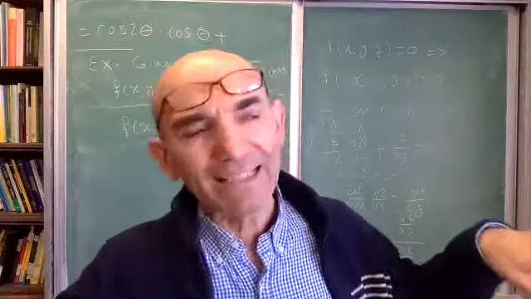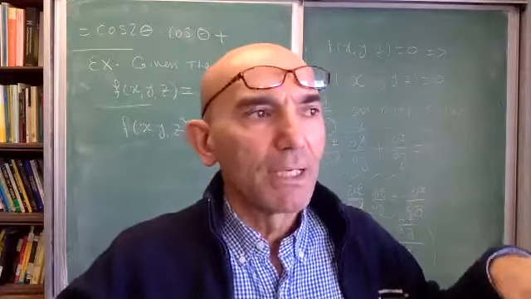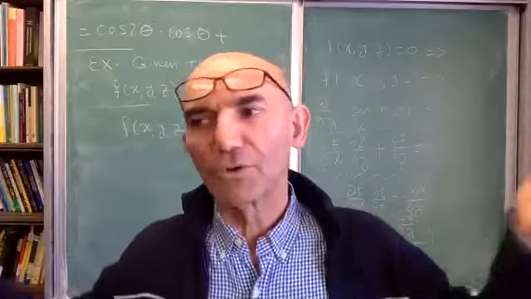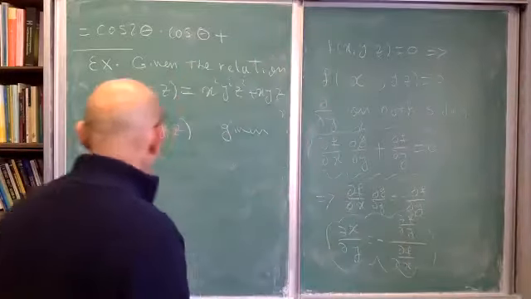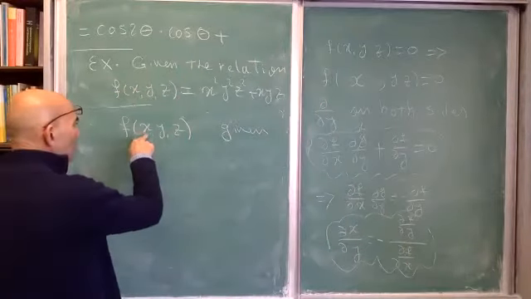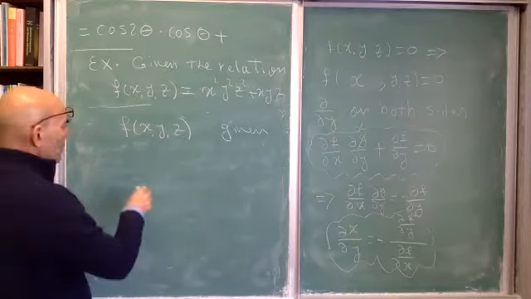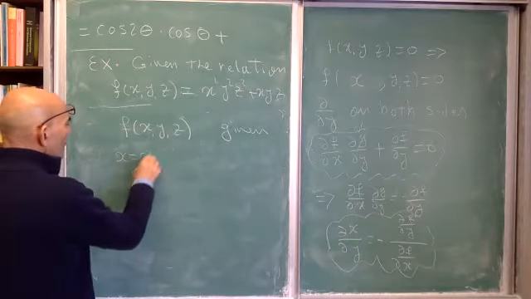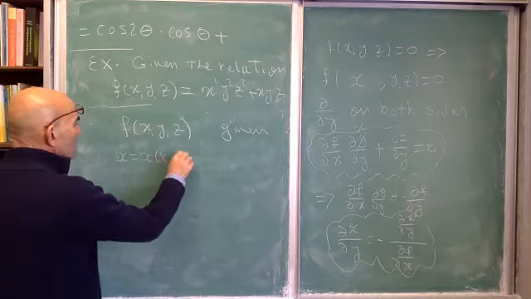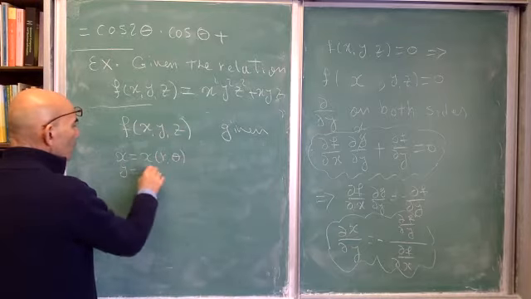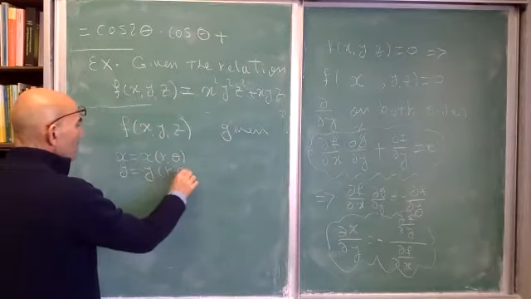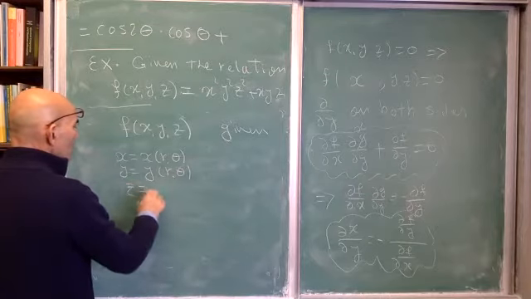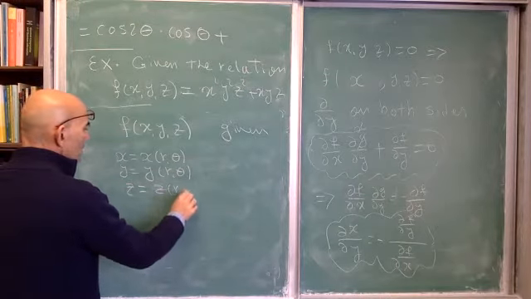In that case, we took a function of 2 variables, but that really doesn't matter. This is a function of 3 variables. Now imagine also each of them are functions of 2 variables. X is equal to x of r theta, y is equal to y of r theta, and z is equal to z of r theta.